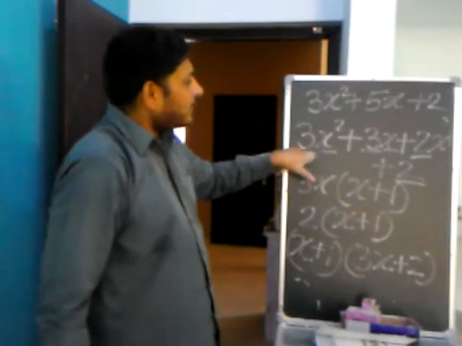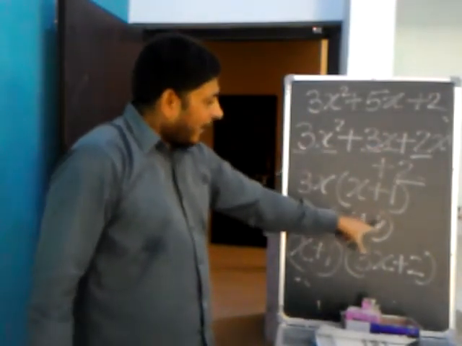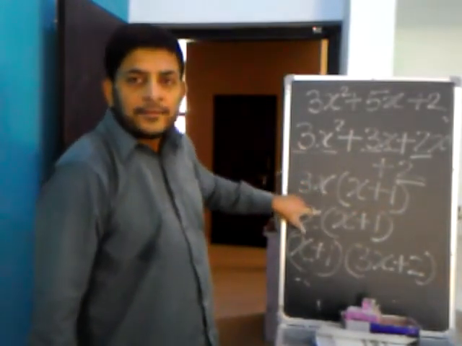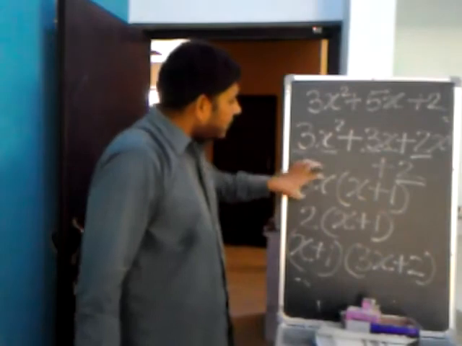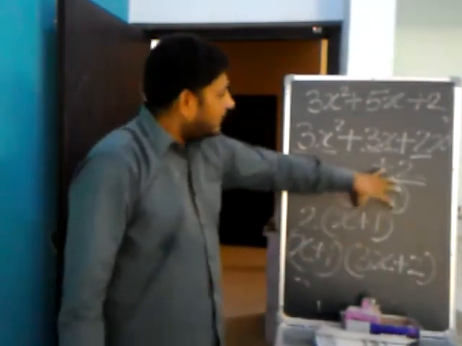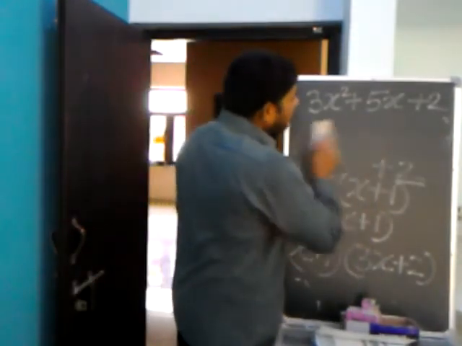What I did, I split the middle term, then I took the common. Here common was 3x, here common was 2. I got x plus 1 inside the bracket, and outside the bracket I got 3x and 2. Then I wrote the common in a separate bracket and this in a separate bracket.